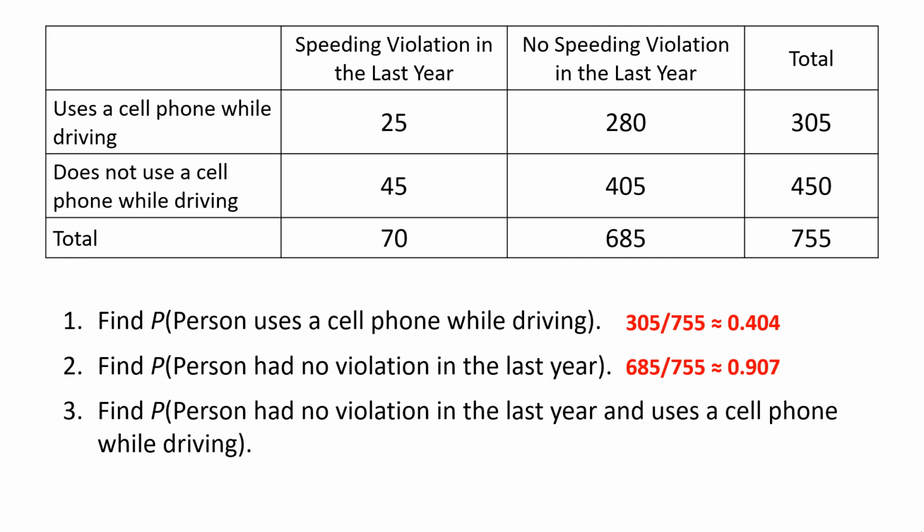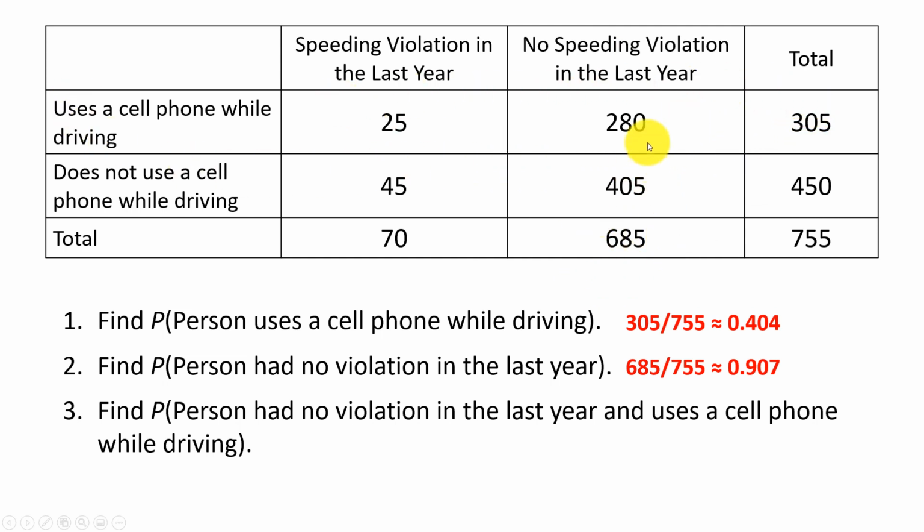Number 3, find the probability a person had no violation in the last year and uses a cell phone while driving. Okay, so this is a compound event. We want to know how many people are in both events: no speeding violations and at the same time uses a cell phone.